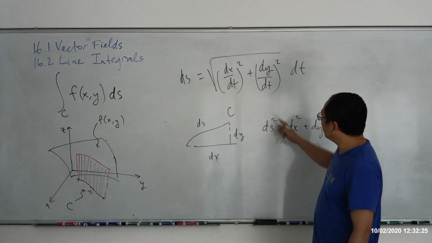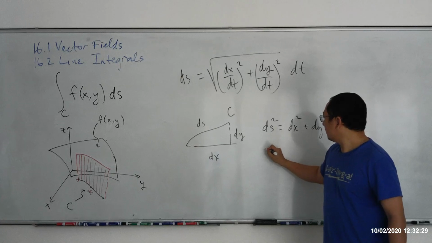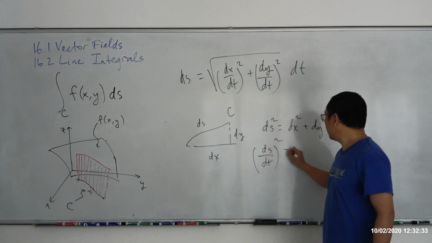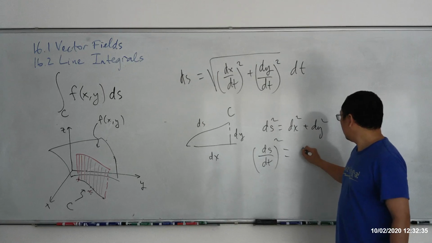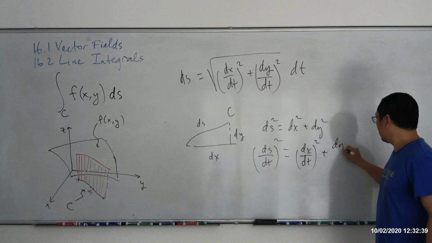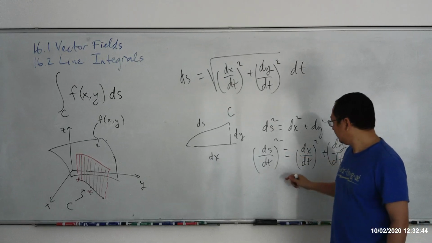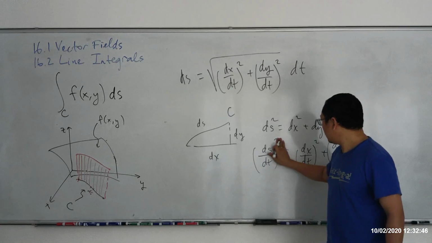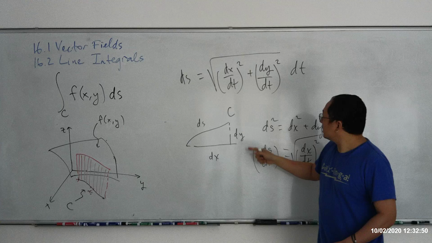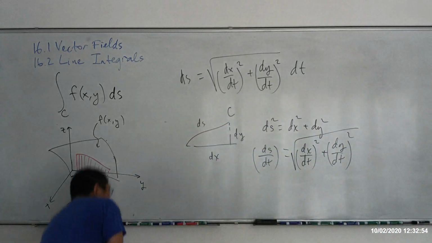Okay, you take square root and divide by dt, you have this. (ds over dt) squared is equal to (dx over dt) squared plus (dy over dt) squared. Take square root on both sides. So ds over dt will be the square root of this, and then you multiply both sides by dt. You have the formula.